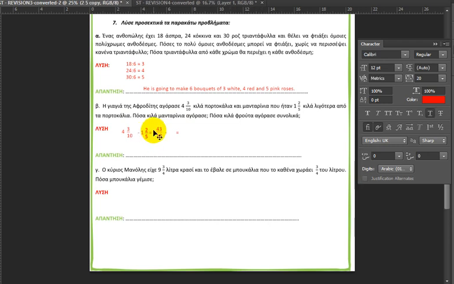So we get 7/5. Now again, they are not like fractions. They do not have the same denominator.